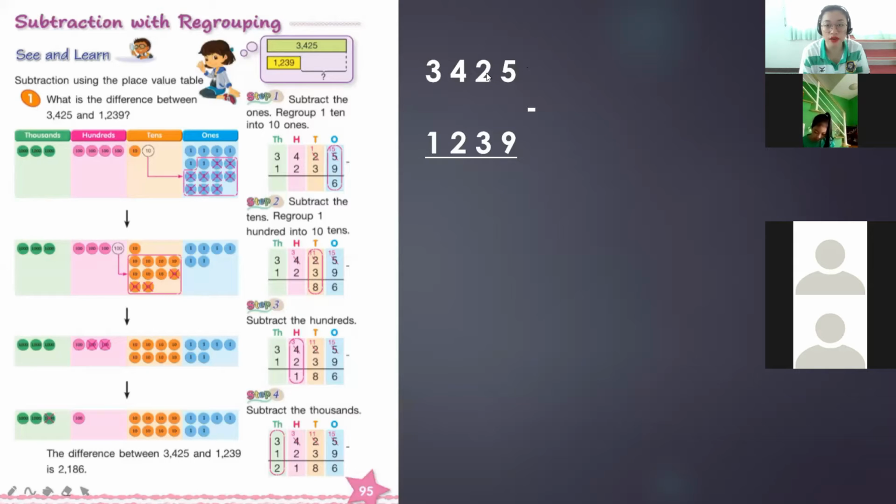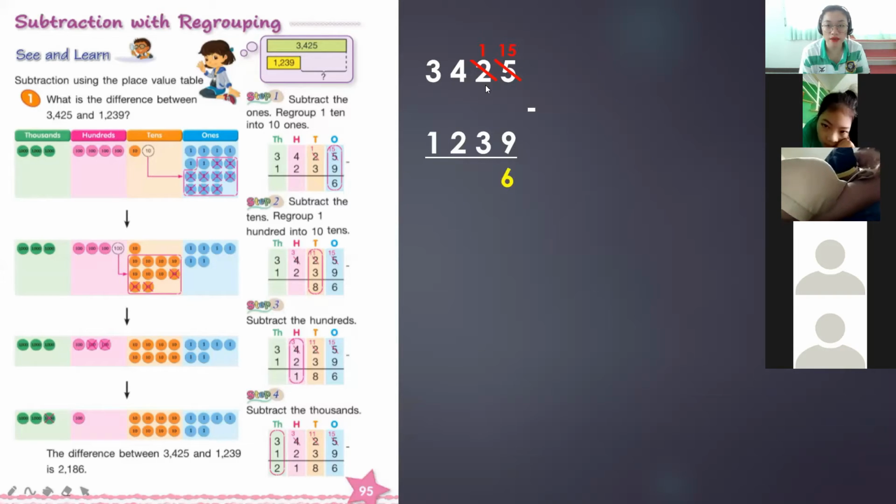We're going to borrow from this number 2 in the tens place. So this will become 1, and 5 will become 15. So 15 minus 9 is equal to 6.